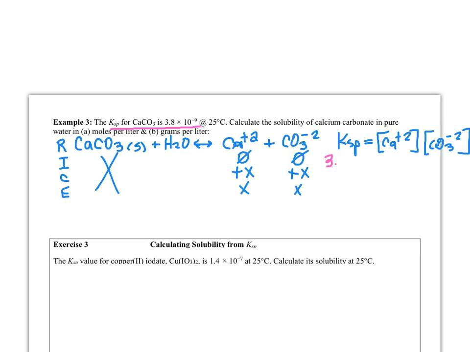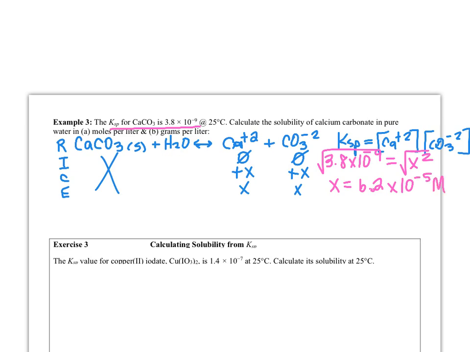So we're going to plug in 3.8 times 10 to the -9 is going to equal X squared, right? Because it's X times X. So then easy math, right? We're going to square root both sides. And so my X is going to end up being, when I put that in the calculator, and I have 2 sig figs, I'm going to get 6.2 times 10 to the -5.